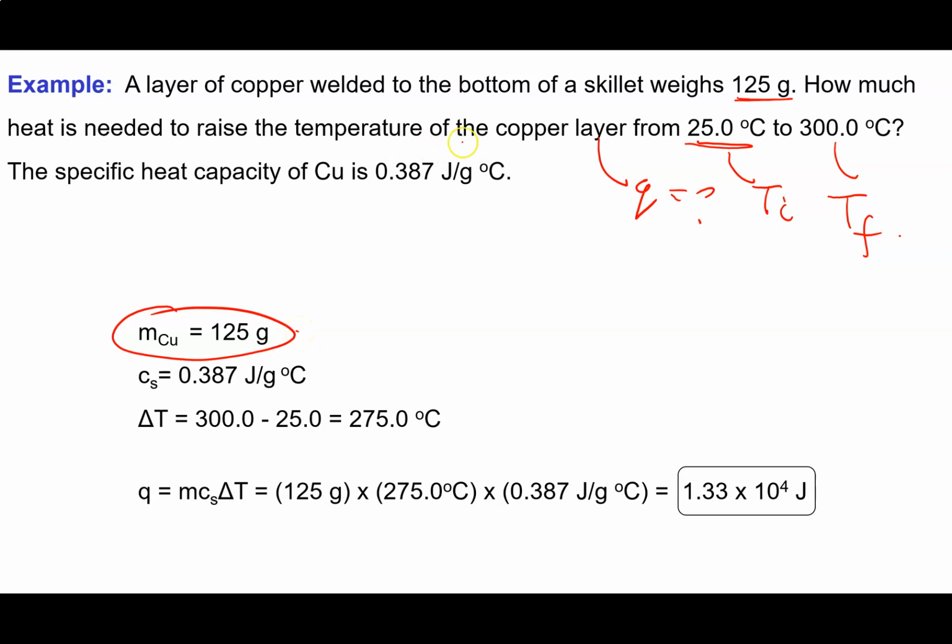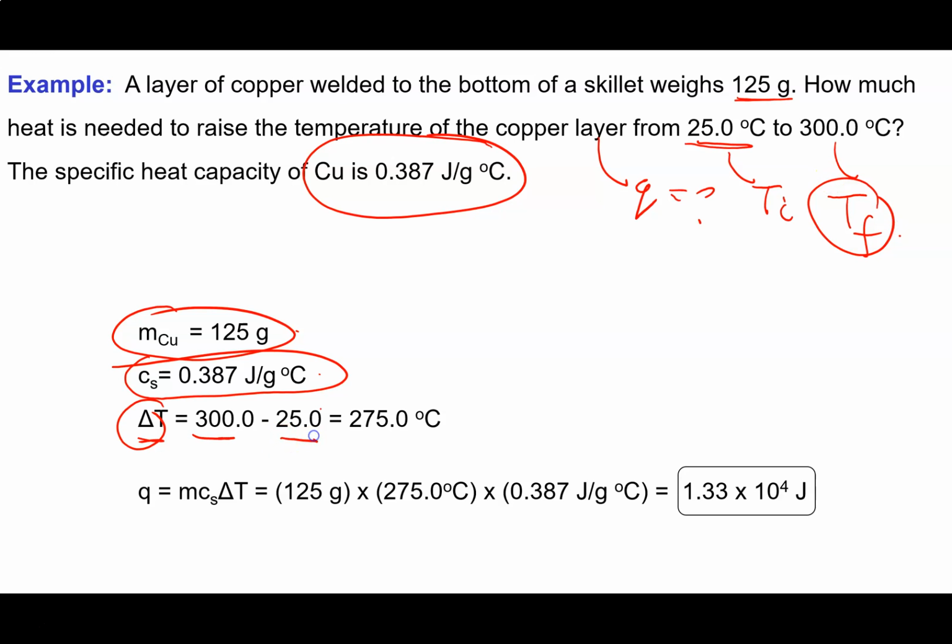The specific heat capacity of copper is given. Here it is, 0.387 joules per gram per degree Celsius. That's our C_s there. And then our delta T we're going to have to calculate. Remember, it's our final value minus our initial value. Okay, so the temperature of the copper, we want it to go up 275 degrees Celsius.